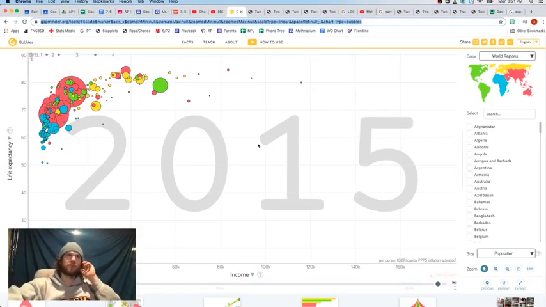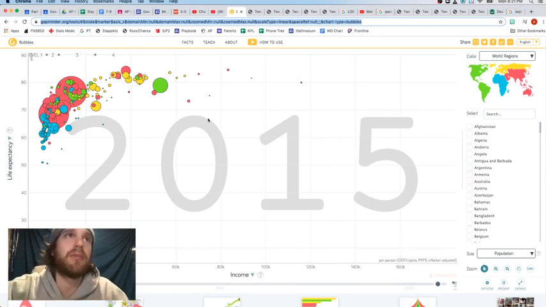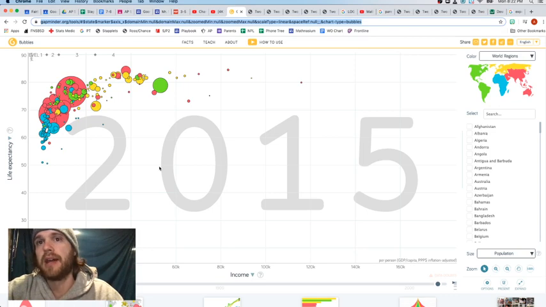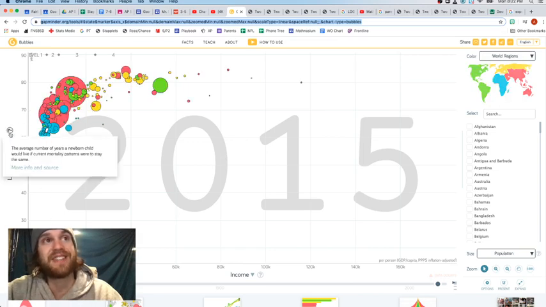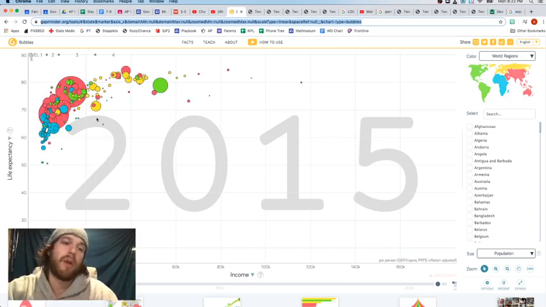All right, this website is called gapminder.org. It's got a bunch of data about countries in the world. And right now, I am plotting the average income per person in the world versus life expectancy in the world, and each of the dots represents a different country, and the size is based off of their population.